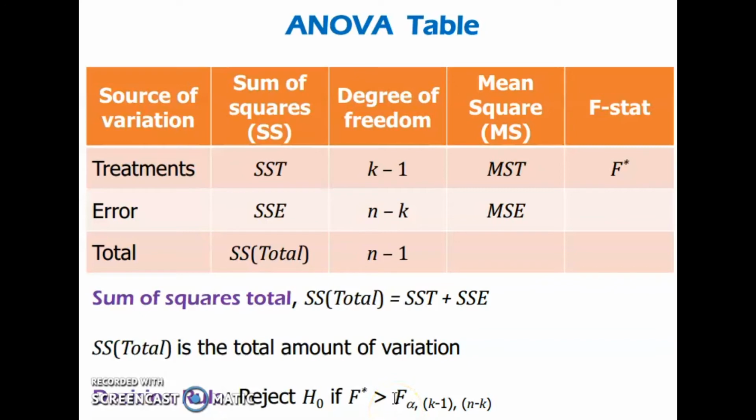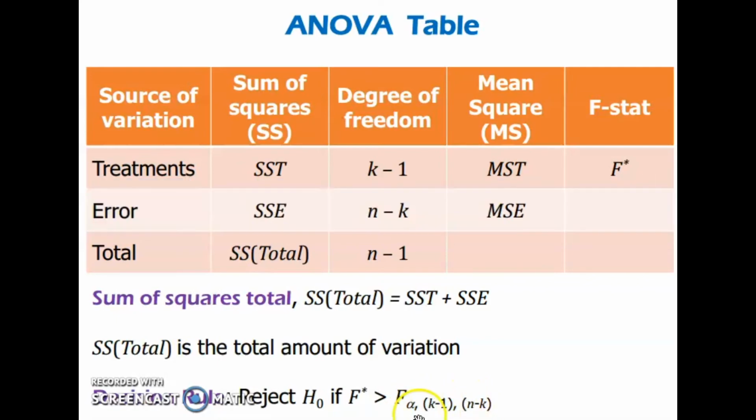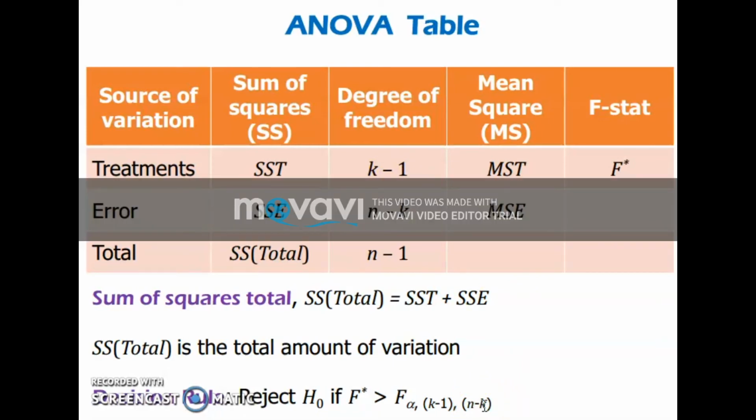We need the significance level alpha, and also 2 degrees of freedom. The first degrees of freedom is k minus 1, which is simply this one, and the second degrees of freedom is n minus k, which is simply here.